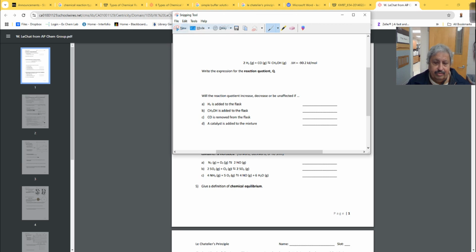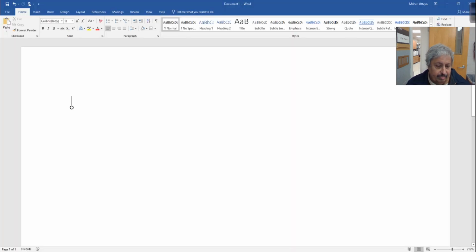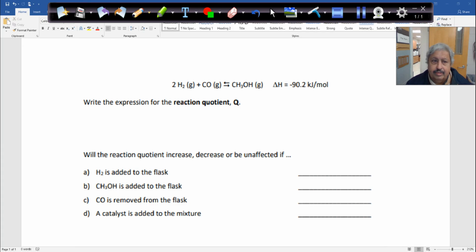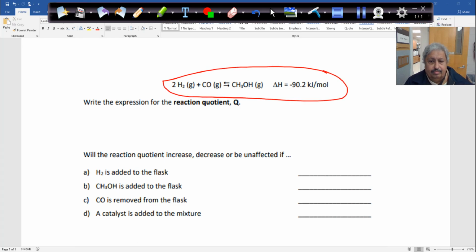We'll just look at the qualitative approach of Le Chatelier's principle. So you have a chemical reaction here, correct? So this is your chemical equation, okay? That's equilibrium, double arrow here. That's chemical equilibrium.